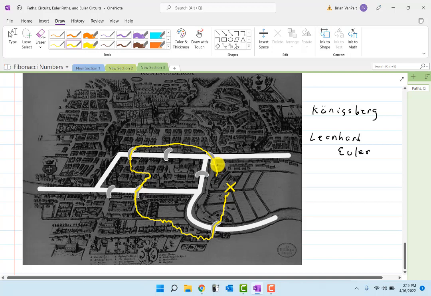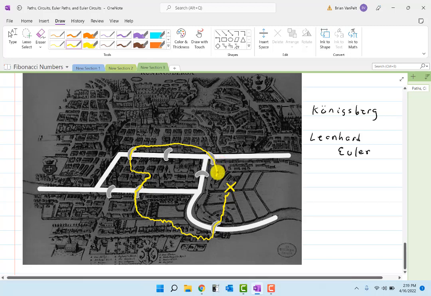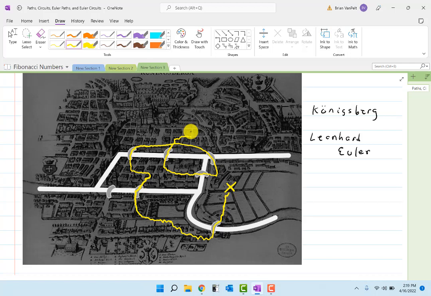So I'm back to where I was when I started, but I still have 3 bridges I haven't gone over. So I could probably do this and then maybe come over this bridge. But then I can't get to that last bridge. I'm stuck. So that's not that surprising.